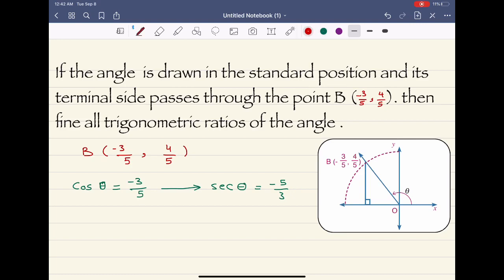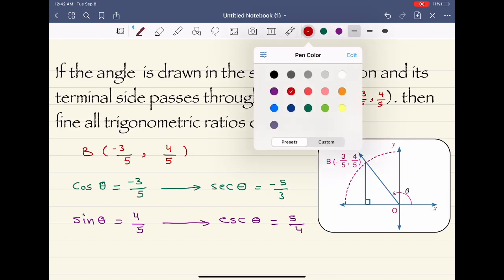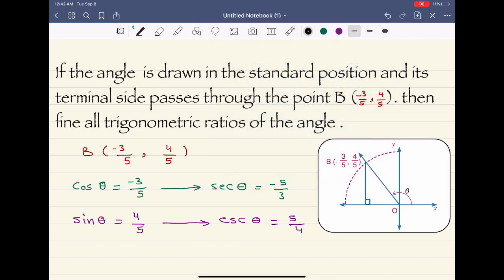And sine theta equals 4 over 5. Therefore, its reciprocal cosec theta equals 5 over 4. And to get tan theta, we divide sine over cosine.